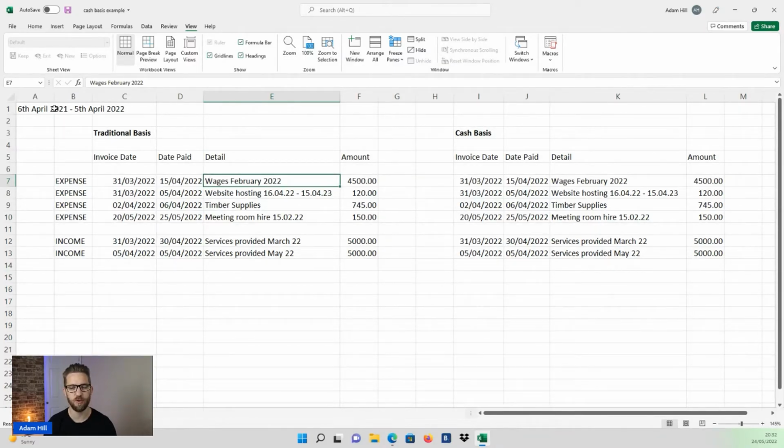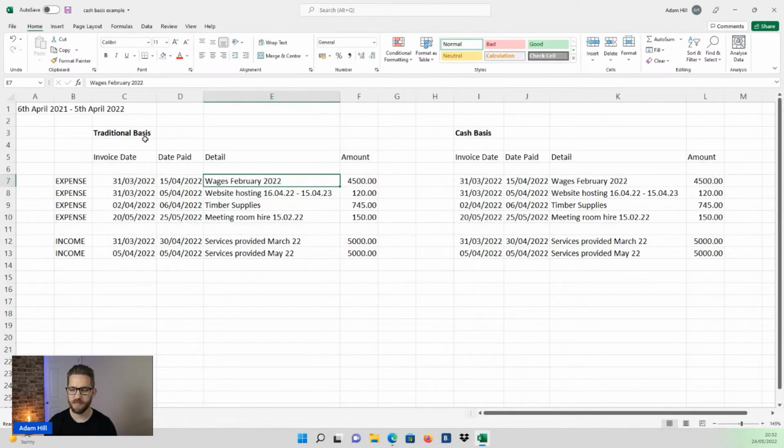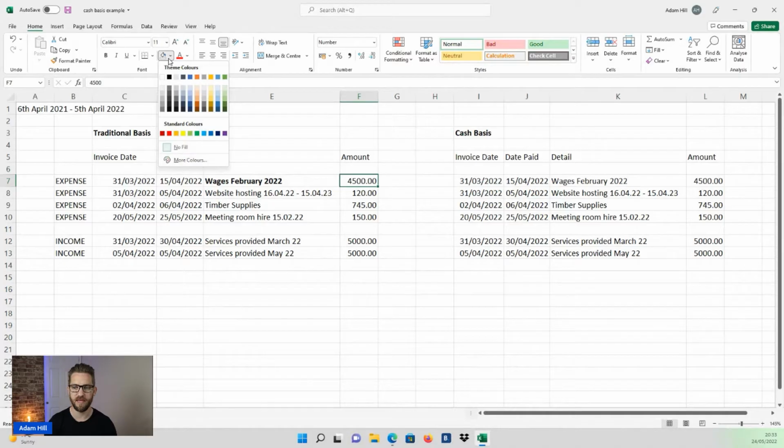Now, February 22 is definitely within our accounting period here. So under traditional accounting, we want to look at this date here. What does the invoice actually relate to? What does that expense actually relate to? And it's February 22 wages. So we definitely want to include this under traditional accounting. Okay, so we'll mark that one yellow.